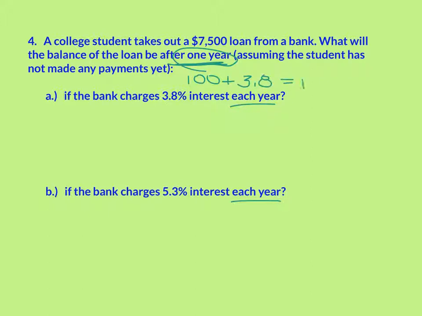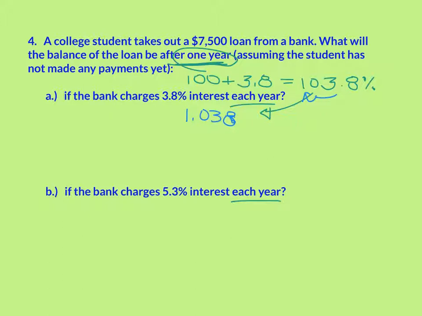So that's going to equal 103.8%. I'm going to bring that down here. So I know that my 103.8%, when I change that to a decimal, the decimal moves back 2 places. So that gives me 1.038 as the decimal I'm going to be using.